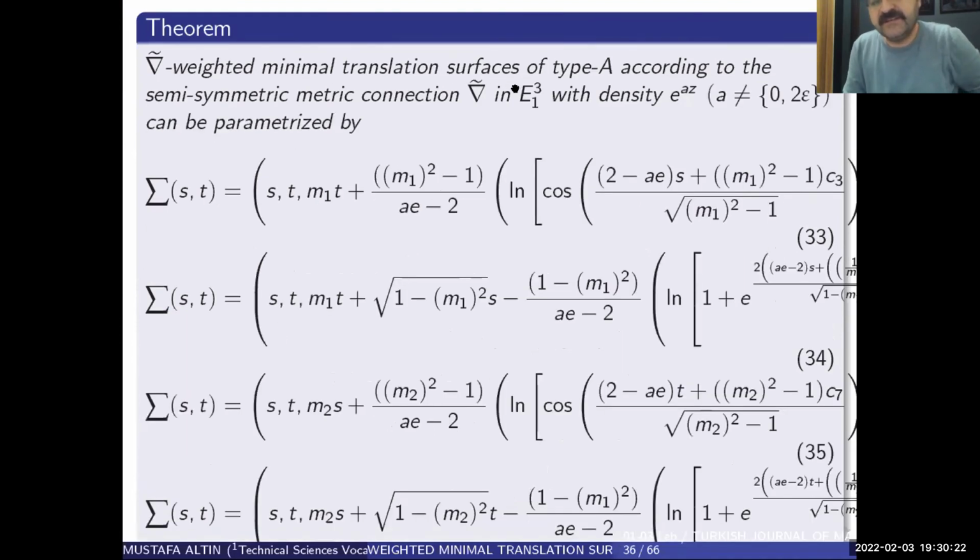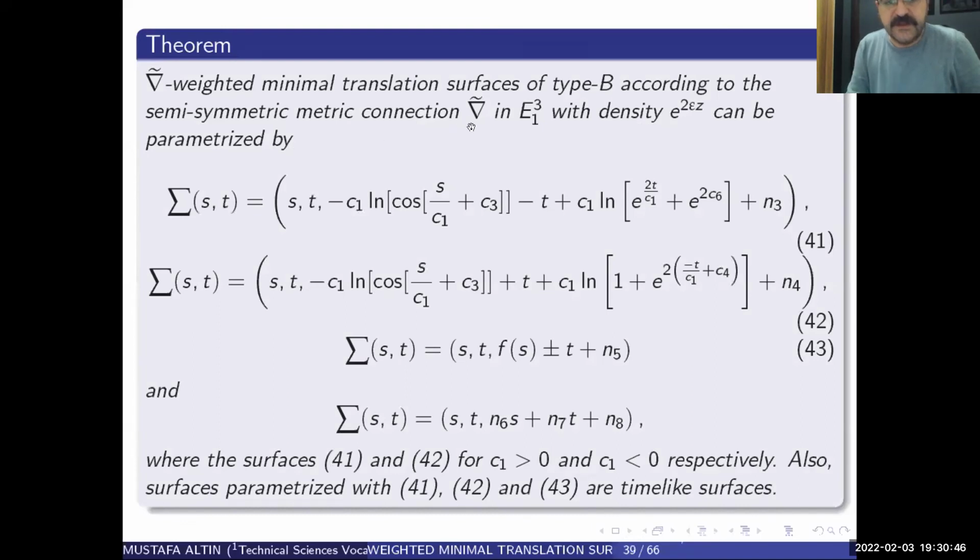Weighted minimal translation surfaces of type A according to the semi-symmetric metric connection in Minkowski three-space with density e^{az}, where a is not 0 and 2ε, can be parameterized by these surfaces.